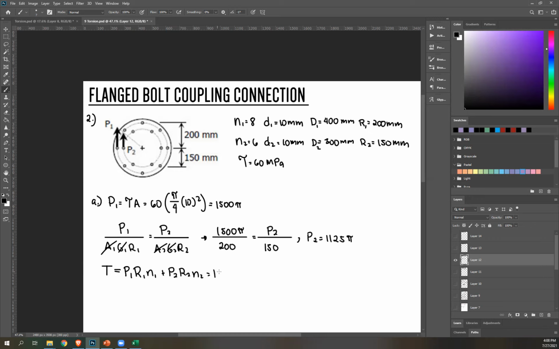P1 is 1505, R1 is 200, N1 is 8, plus P2 11255, R2 is 150, and N2 is 6. Please solve as the final answer.